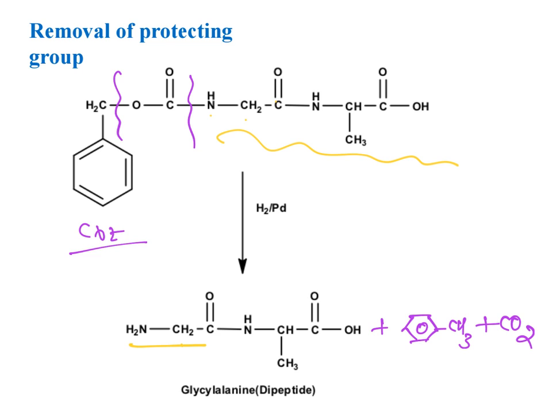If you see here, this is which amino acid? Glycine. This is alanine, formed by the amide bond linkage. We call this dipeptide glycyl alanine. In this fashion we can synthesize the dipeptide which we are looking for.